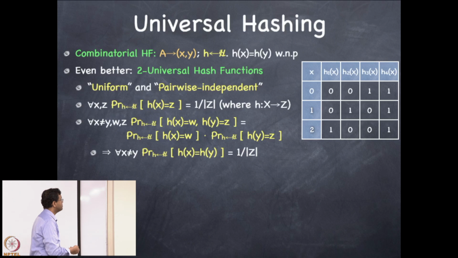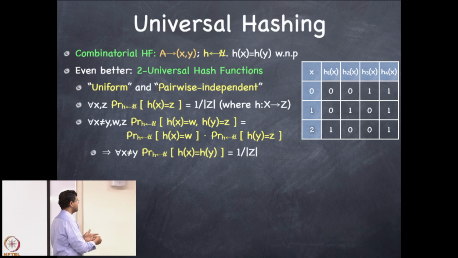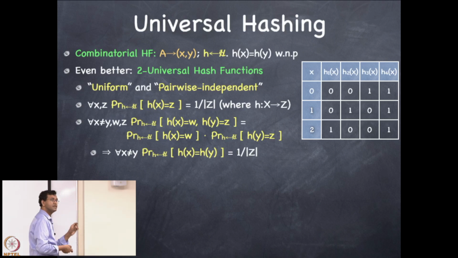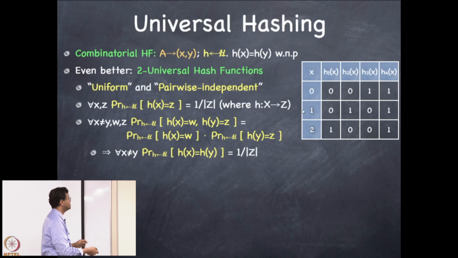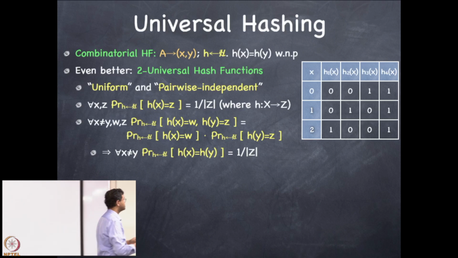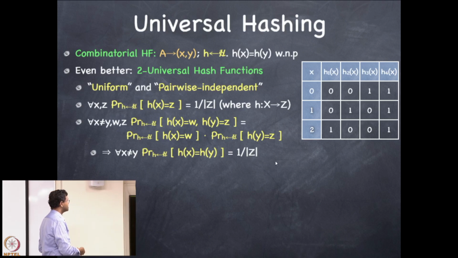There are z square possibilities, of which in exactly z of them the outputs are equal. So here there are 4 possibilities, and exactly in 2 of them they will be equal: they will be equal to 0 in one, and equal to 1 in another case. So it will be size of z upon size of z square, which is 1 over size of z. That is the probability of collision.